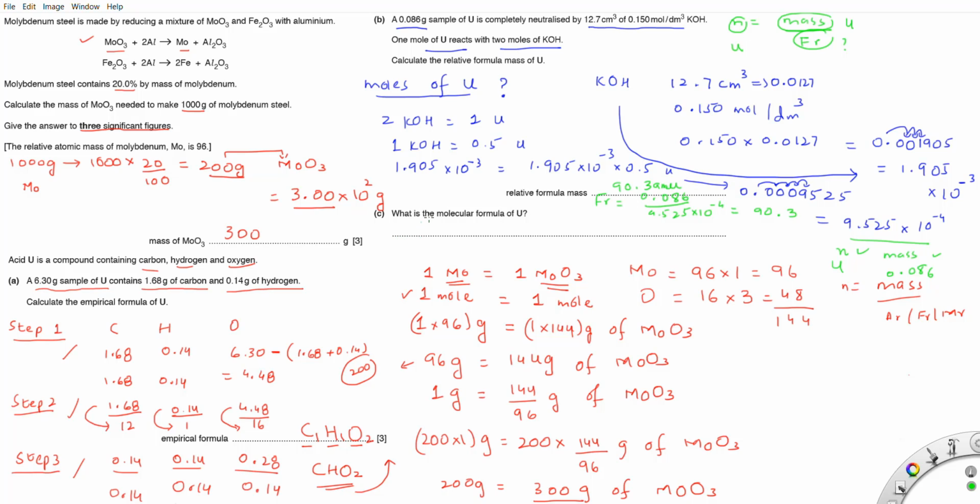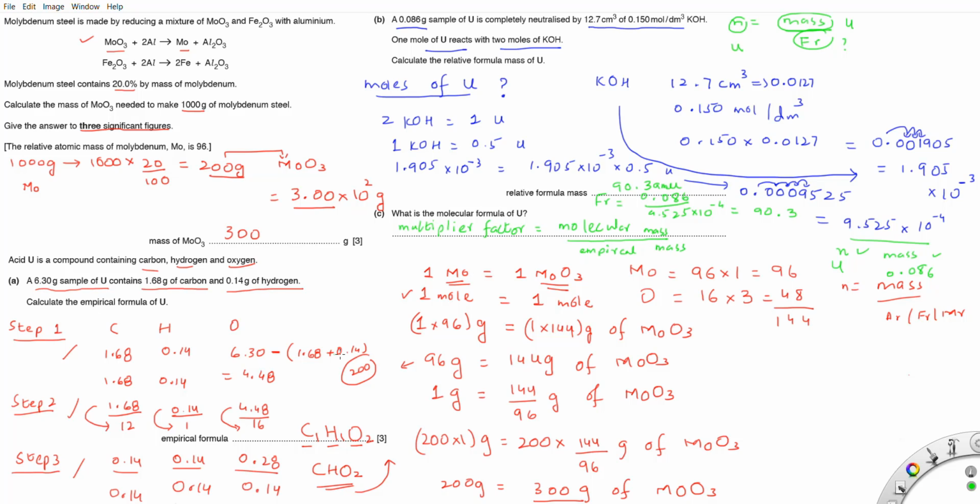Then what is the molecular formula of U? How would I calculate the molecular formula of U? In order to calculate it, you need to calculate a multiplier factor. That multiplier factor is calculated as relative molecular mass, or mass obtained from the molecular formula, divided by the mass obtained from the empirical formula, that is the empirical mass.